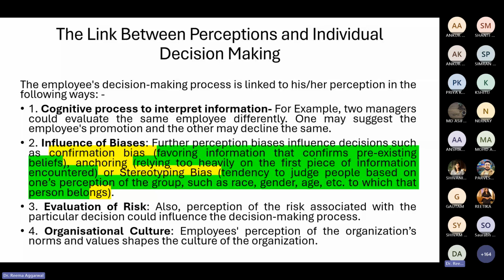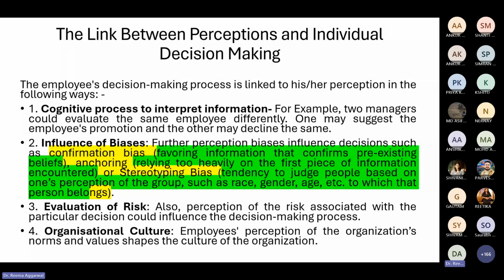Now, if I'm a recruiter, my mind will again and again try to confirm this pre-existing belief. So if a topper appears in the interview, I will be influenced and unknowingly favor that person. Why? Because I pre-existingly believe that a topper is eligible for this job. So this is confirmation bias.